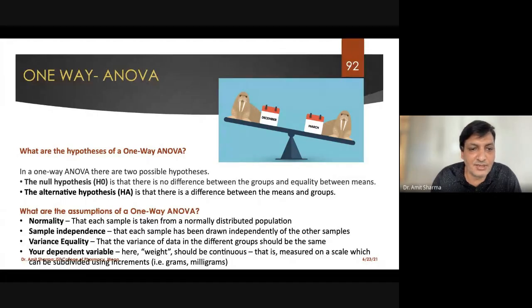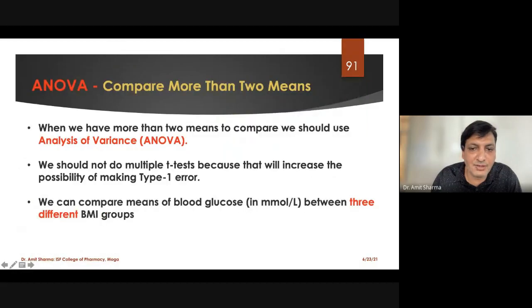So as we have seen the hypothesis, we can go for the assumptions. Assumptions of ANOVA say what? Normality. For example, we have plasma glucose level as a dependent variable. This plasma glucose level should be normally distributed. If we have plasma glucose normally distributed, then only we can say that we are eligible for ANOVA.